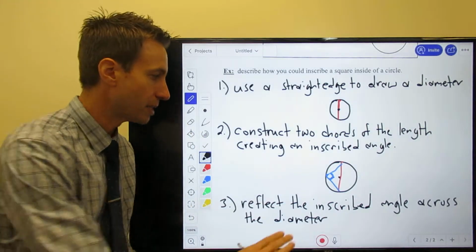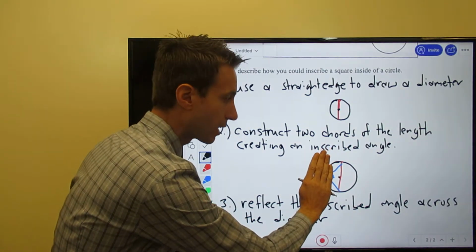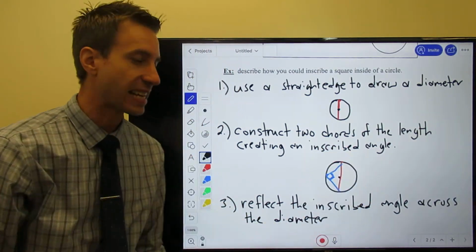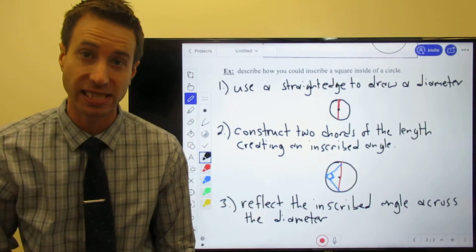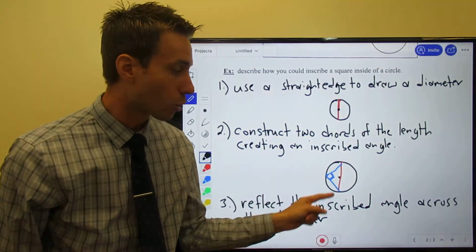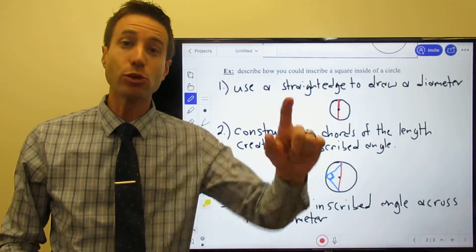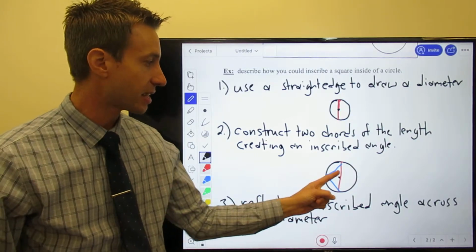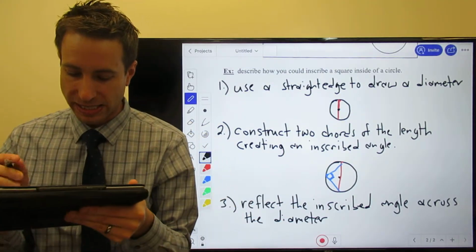Remember, reflect means you're going to take that inscribed angle and reflect it across the diameter, and you'll get a mirror image on the opposite side. Since the length of these 2 chords are the same, my reflected image will have 2 chords that are the exact same length, and if this is 90 degrees, it'll be 90 degrees as well.